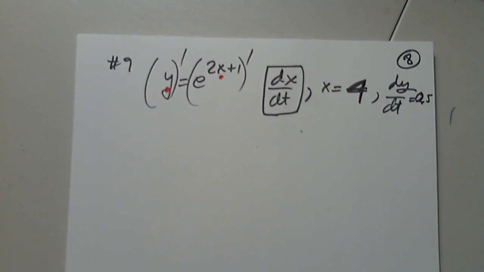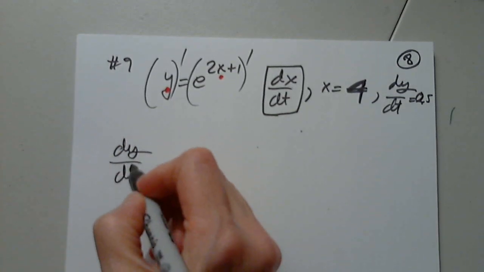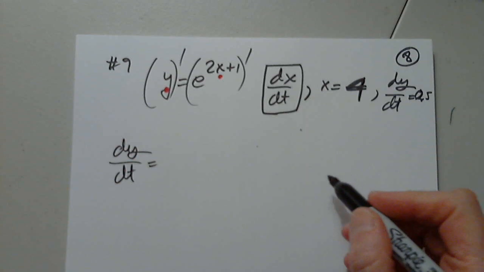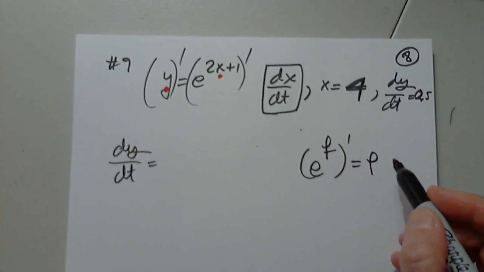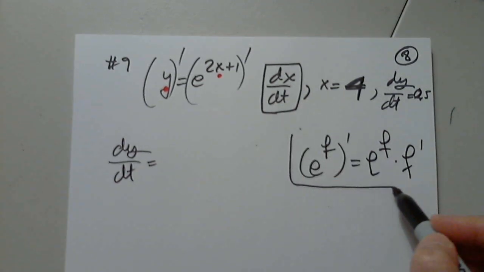We start from the left. What do I get on the left? dy over dt. Of course. Now I have to be careful, and let me refresh your memory: the derivative of e to a function is e to that function times the function prime.